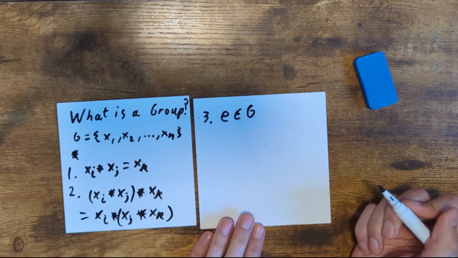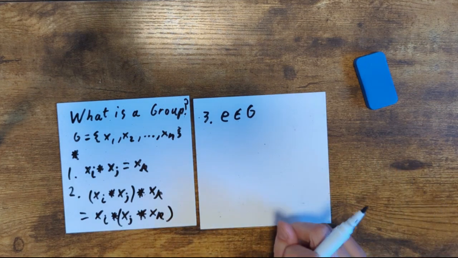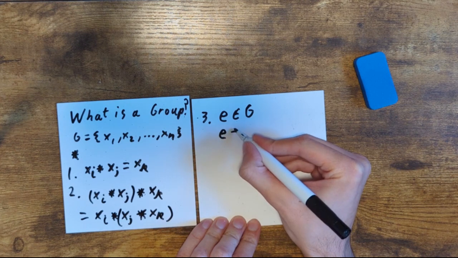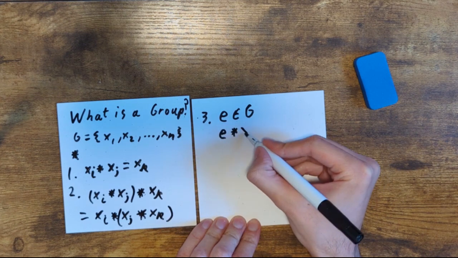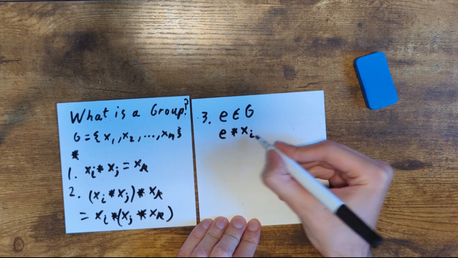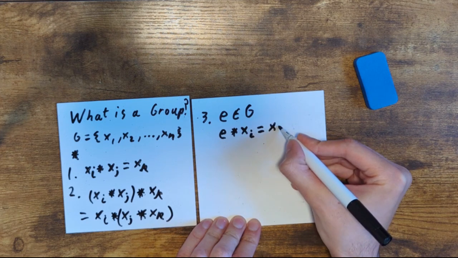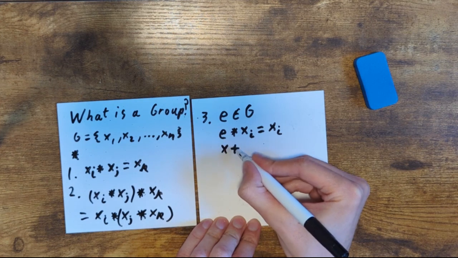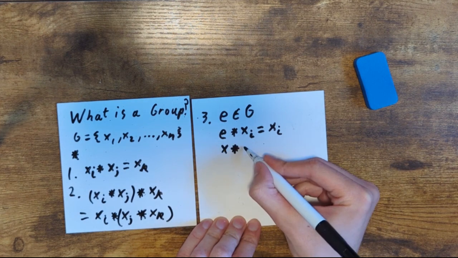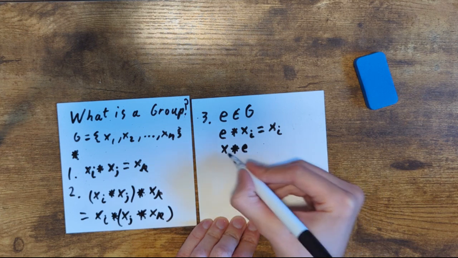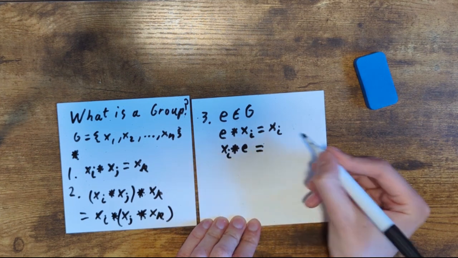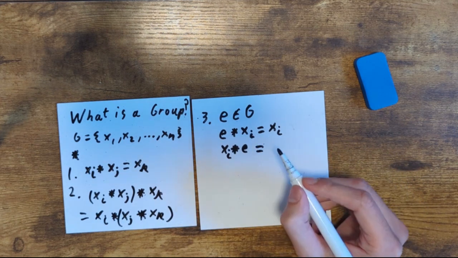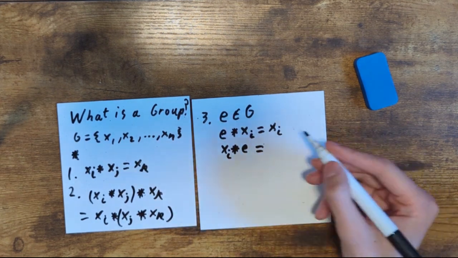And this identity element must have the property that if we multiply it by some element of our group, then we get back that same element. It should work on either side, because we're not necessarily saying that a times b equals b times a.